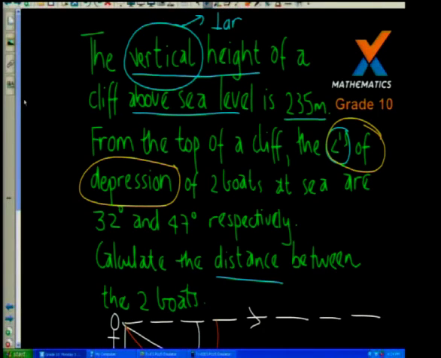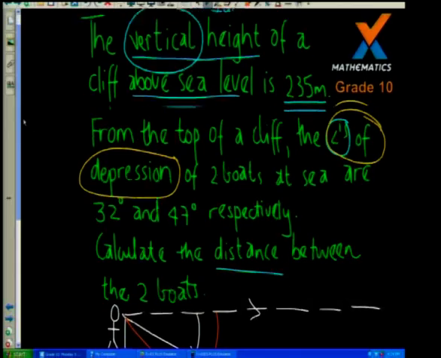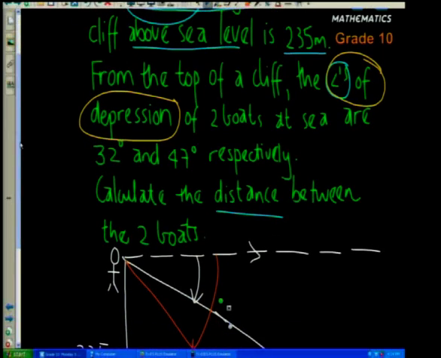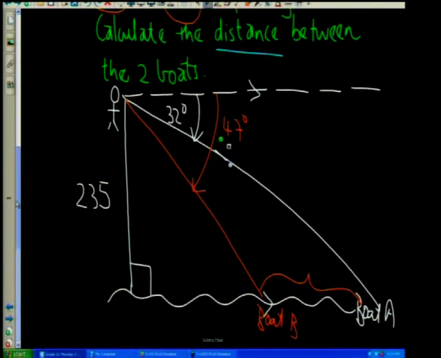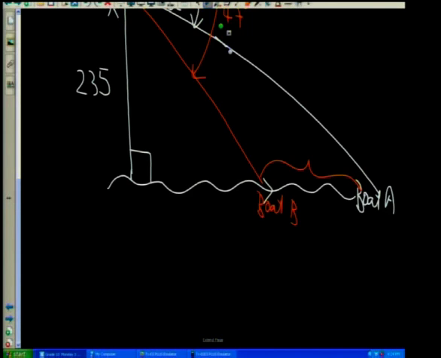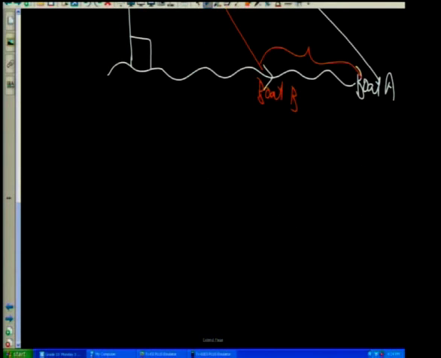We've got the dimensions for the vertical cliff, and we've got that the angles of depression are 32 and 47. So let's put those on the diagram. This one is 32 degrees, and the closer boat to the cliff is 47 degrees. Okay, so just very roughly, two boats at sea, I'm on the cliff, I see boat A, boat B. Let's put this into some mathematical perspective.